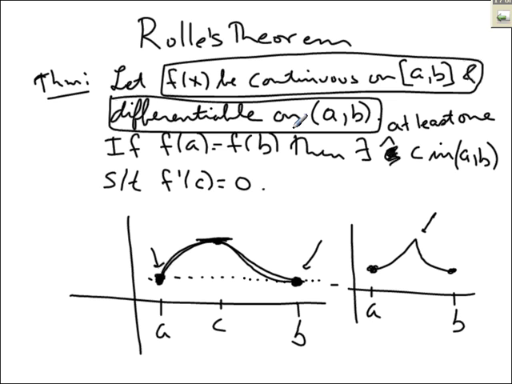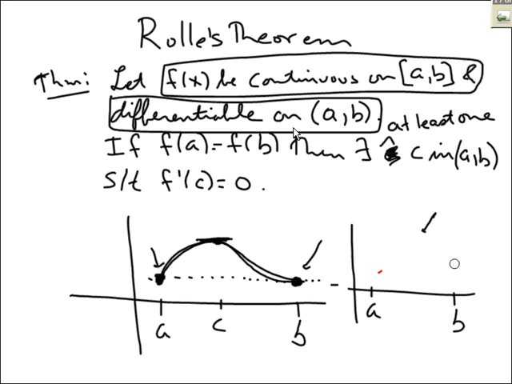Notice, no tangent line between A and B is ever 0. The derivative is never 0. Well, it does look like it's 0 getting towards A, so why don't we fix that?